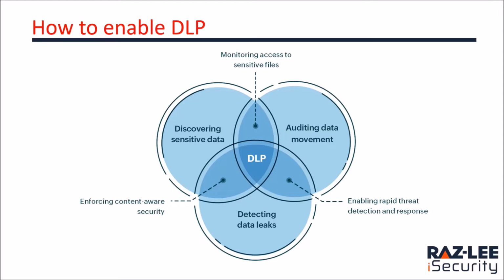This part is based on policies, and you need the help of some tools because you need to monitor access in real time. Also, you need detection and response in real time. And of course, you need to know what your sensitive data is, because knowing your sensitive data, you can enforce security around it.